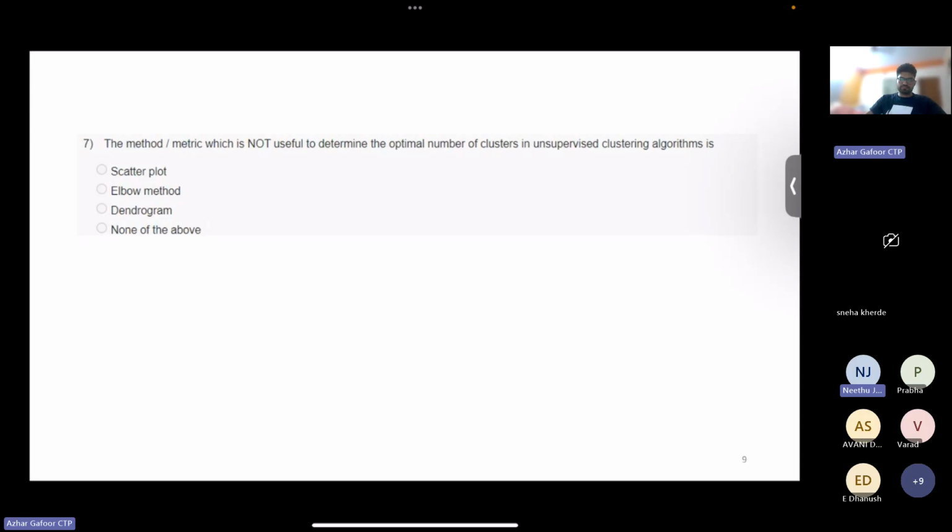A, scatter plot, which is not useful to determine the optimal number of clusters. Yes, scatter plot is the correct answer. We haven't discussed dendrograms, but scatter plot is the correct answer.